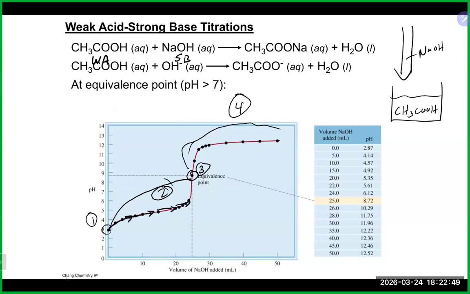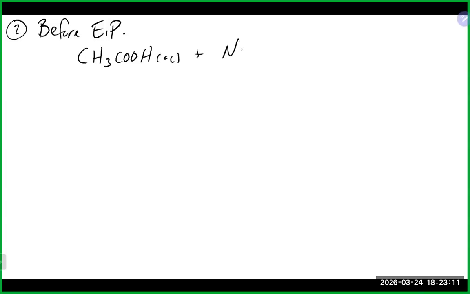So let's talk about what happens when we're in the second area here, which is before the equivalence point. So if we take a look here, before the equivalence point, we have definitely added. So in this case, we will get the reaction that's going to happen, which in this example is acetic acid plus some sodium hydroxide.